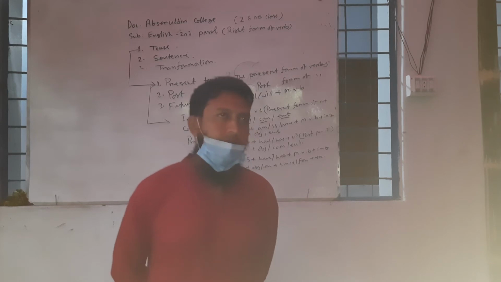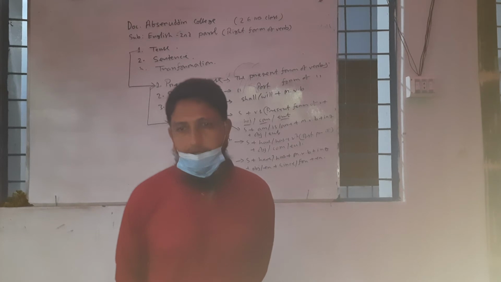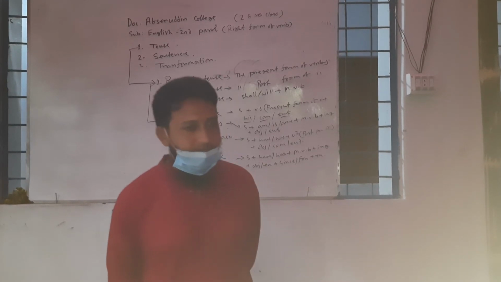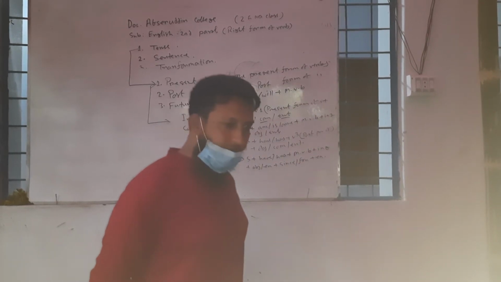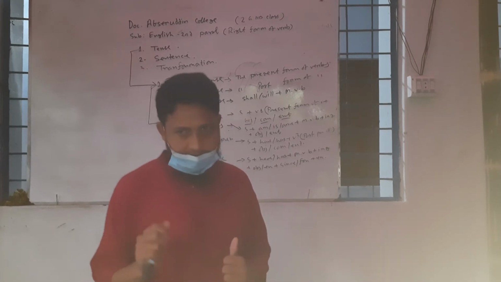But if it becomes first person, I go to college, the verb will be the same, because this is not a third person singular number, so it won't take any kind of affix with it.